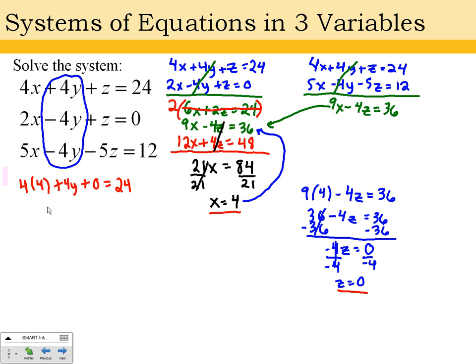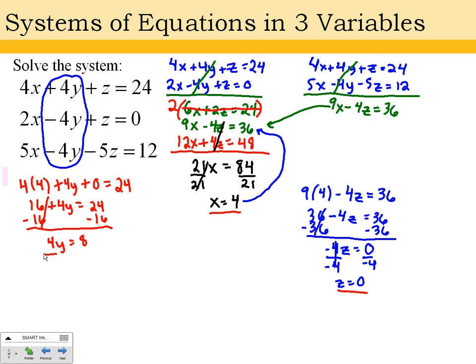So 4 times 4 gives me 16 plus 4y plus 0 really doesn't make a difference, because 16 plus 0 is still 16. So I subtract the 16 over, and I get 4y equals 8.